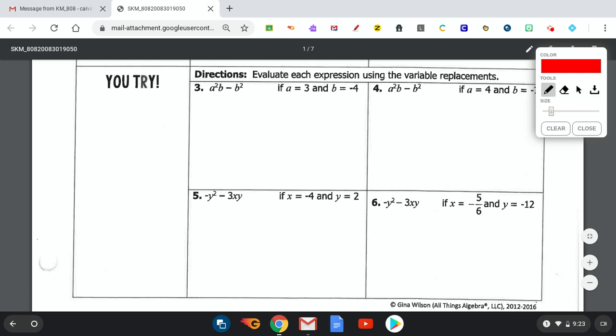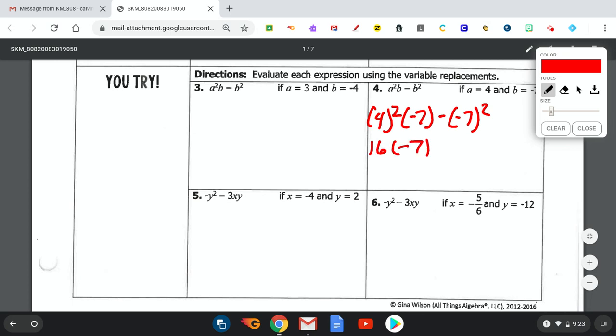that b is -7. So I have a, which is 4 squared. B is -7 minus, and notice how I'm putting parentheses around everything that I do. All right. Now I just have to do order of operations. 4 squared is 16.